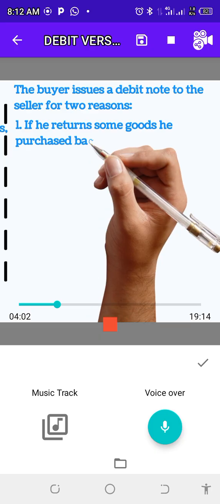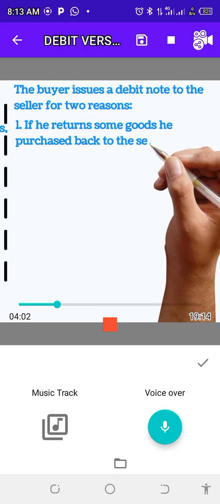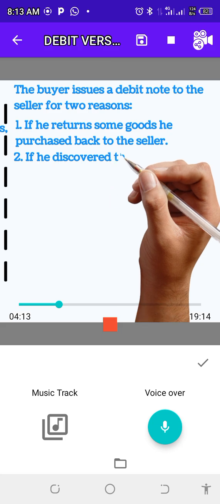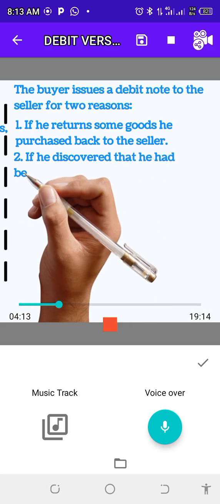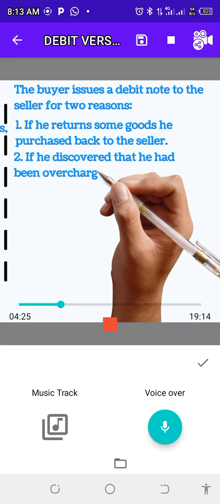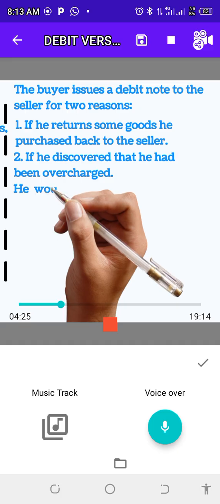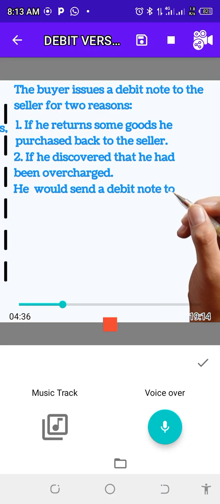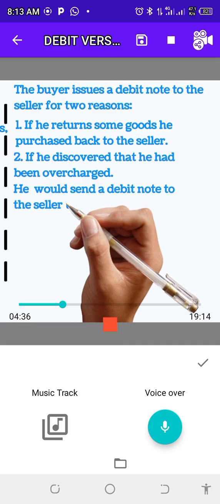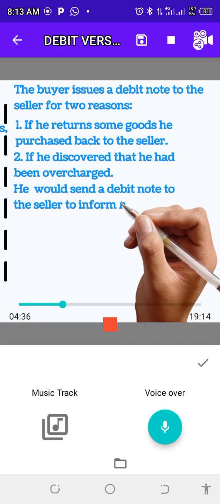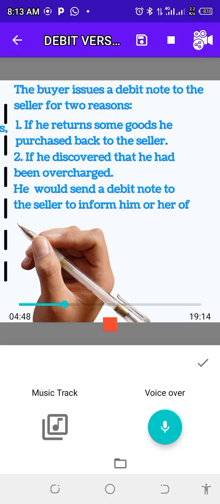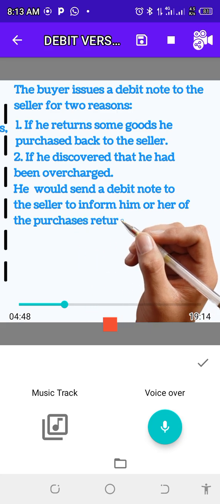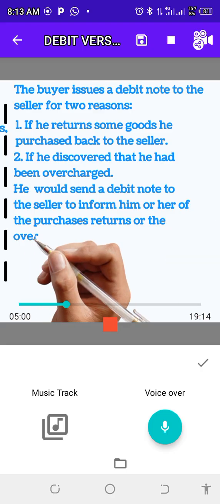Or if the buyer discovers that he has been overcharged due to error, he will send a debit note to the seller to inform him of the purchases return or the overcharge due to error, whichever has occurred.